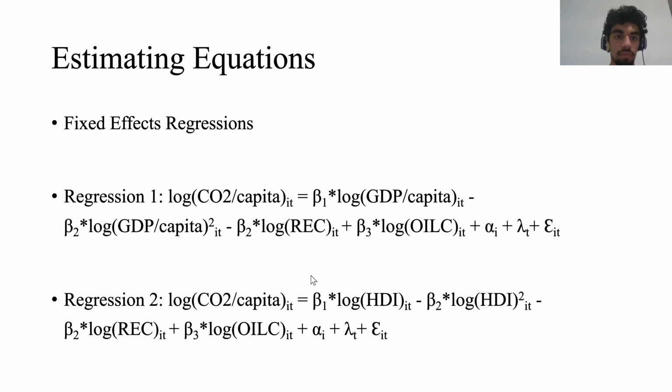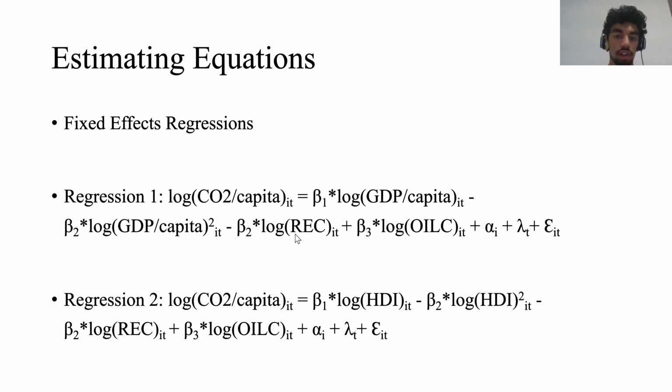Here are my 2 estimating equations. I ran 2 fixed effects regressions, which is standard practice for an economic study that is looking at a panel data set such as this one. My first regression is a regression of carbon dioxide emissions per capita on GDP per capita and GDP per capita squared. And my second is carbon dioxide emissions per capita regressed on HDI and HDI squared.